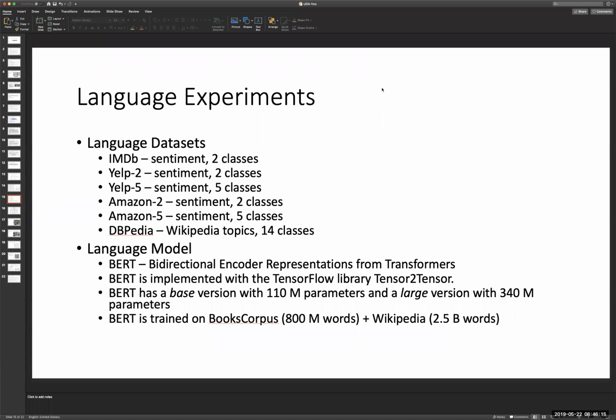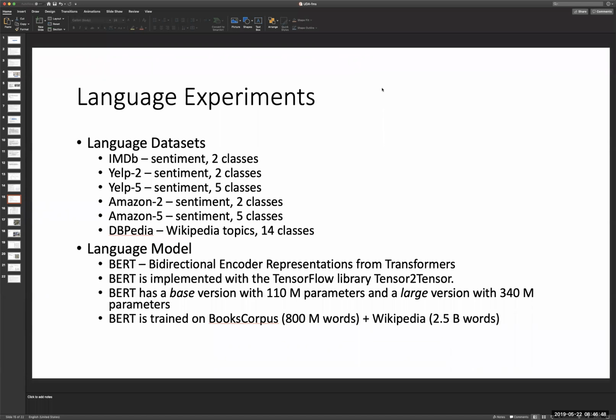So they've been used in the place of those kinds of things. So BERT is implemented with the TensorFlow library, and I think it's tensor2tensor that it's based on. So BERT has a couple of different models available. There's the base version, which has 110 million parameters. And then there's the large version with 340 million parameters.